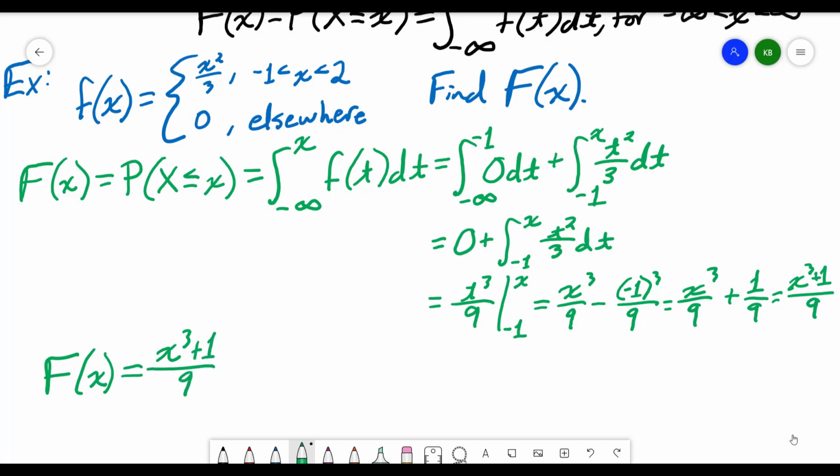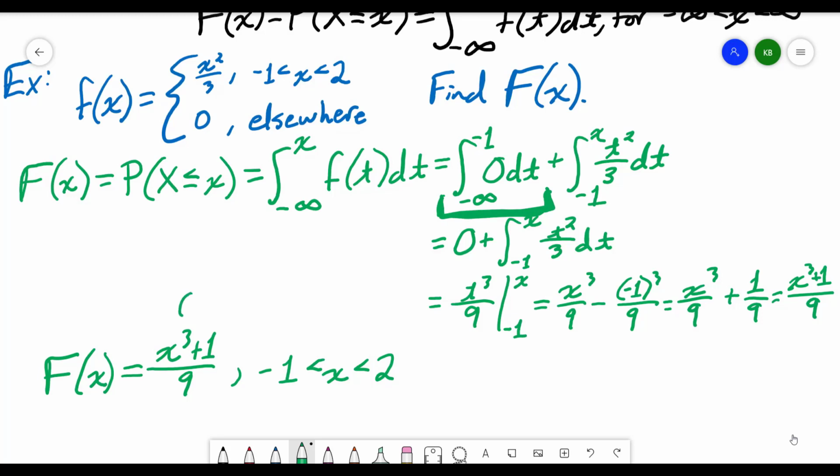Except this is only true when x is between -1 and 2. If it's less than -1, then I'm only going to be dealing with this part of my integral, where I have the integral of 0. So it'll be 0.